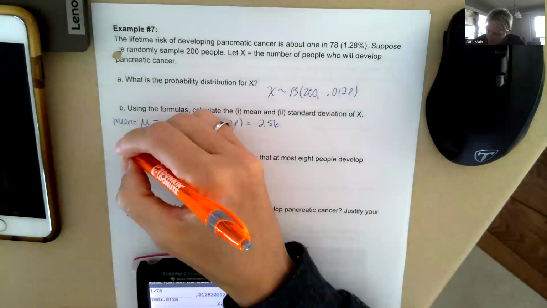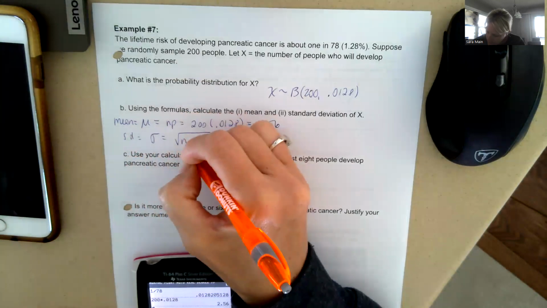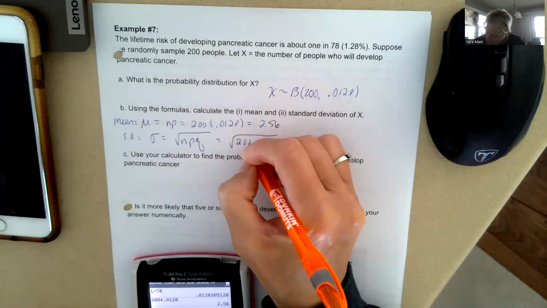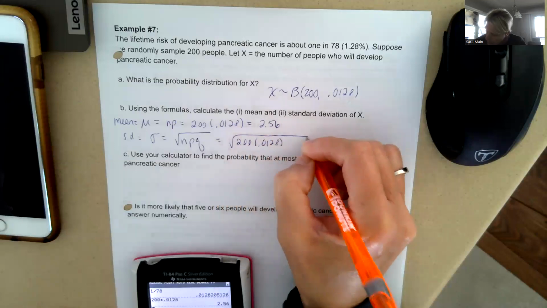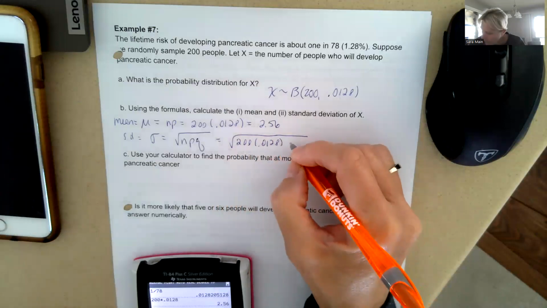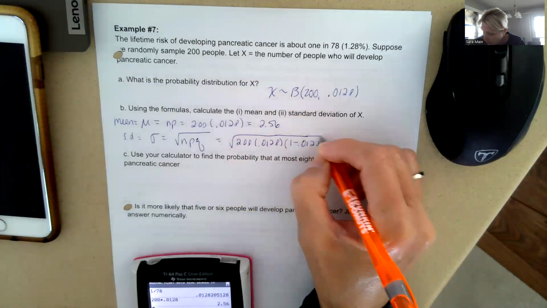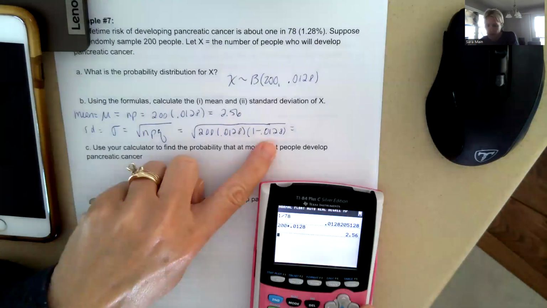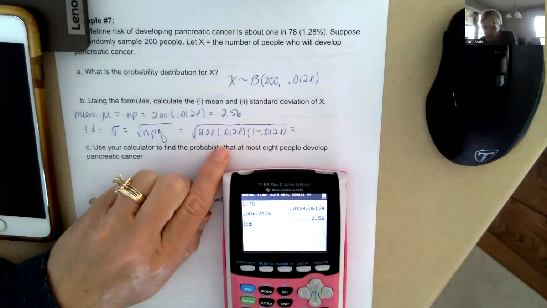And then the standard deviation is equal to the square root of n times p times q. So 200 times 0.0128. And I don't know what 1 minus p is right offhand, so I'm just going to say 1 minus 0.0128. If you can't calculate q quickly, just type in 1 minus p. That's easier. So that's what I'm going to do. You'll see here on my calculator. I'm going to do 200.